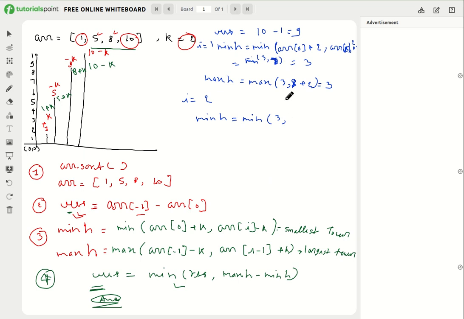Okay, for calculating the maximum height, sorry guys, we made an error. Basically I made an error here.